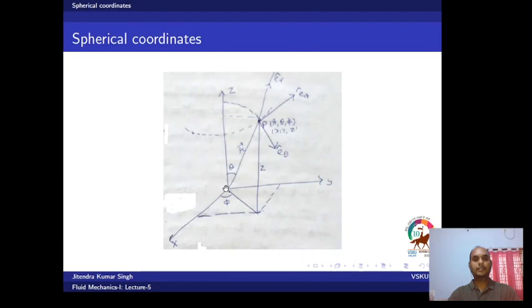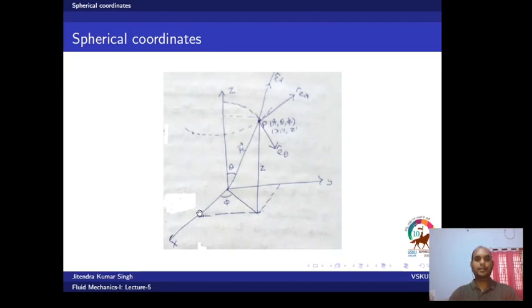So r is the distance of point P from the origin, suppose the origin is O, and theta is the angle made by OP from the z axis, and phi is the angle made by, suppose N is the projection of point P on the xy plane, the line ON from the x-axis.